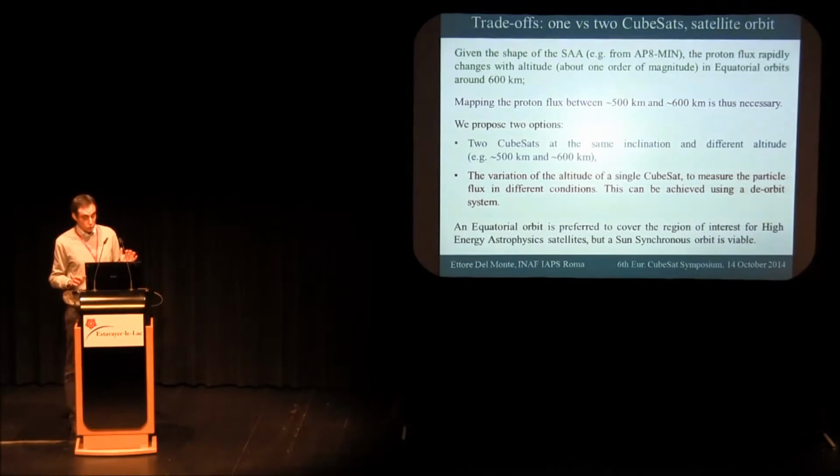We may use two CubeSats with the same inclination and different altitudes, or we may change the altitude of a single CubeSat. This can be achieved using a deorbit system like a tape. Of course, we prefer an equatorial orbit, but a sun-synchronous orbit, which is more common, can be used as an option.